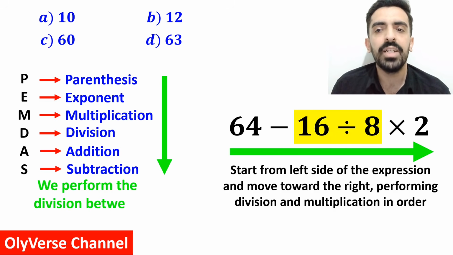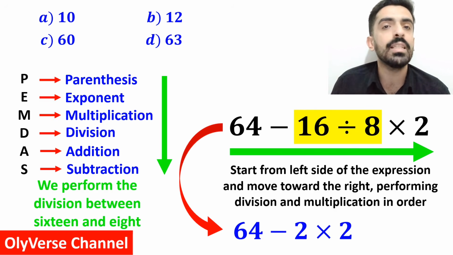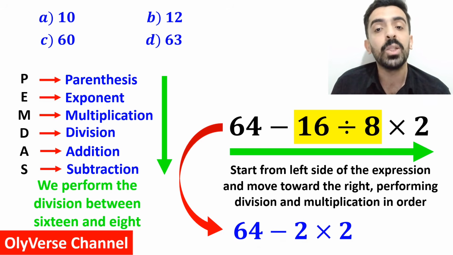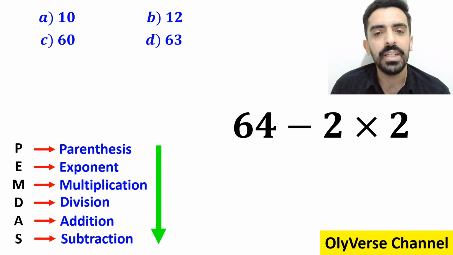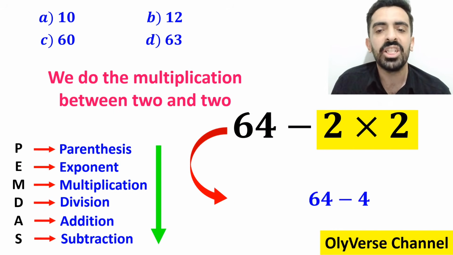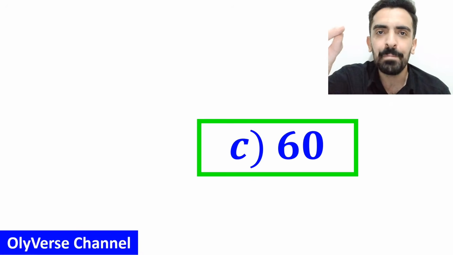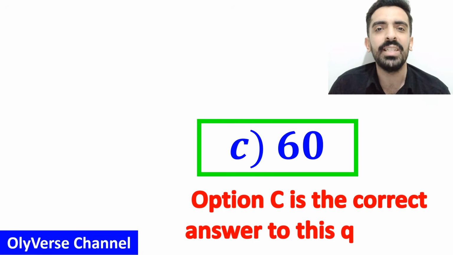So, first we perform the division between 16 and 8, and this expression simplified to 64 minus 2 multiplied by 2. In the final step, we do the multiplication between 2 and 2, which gives us 64 minus 4. And finally, the value of this expression is equal to 60. That's great. Option C is the correct answer to this question.